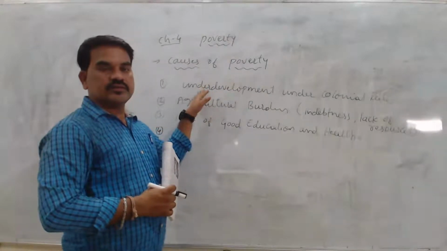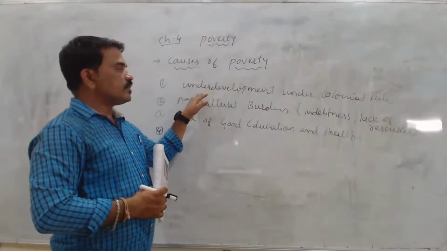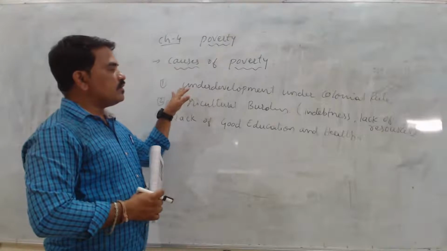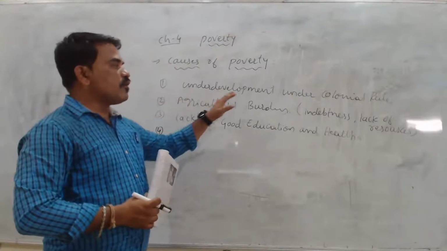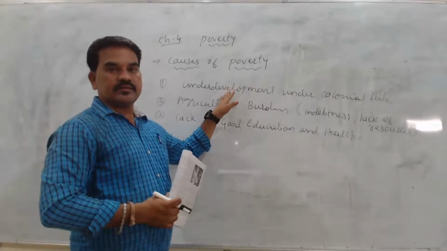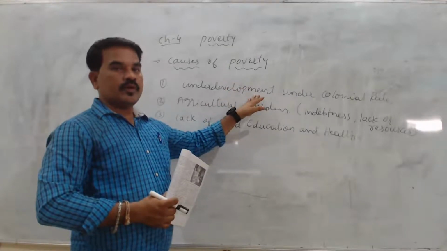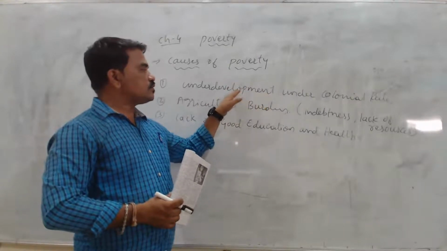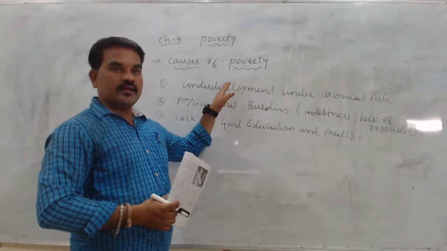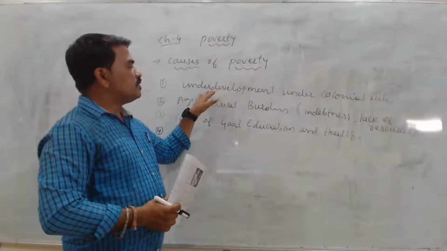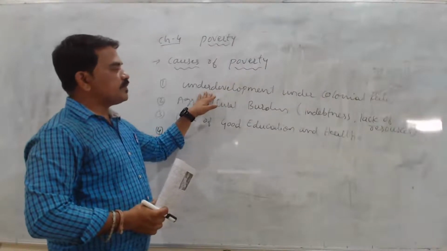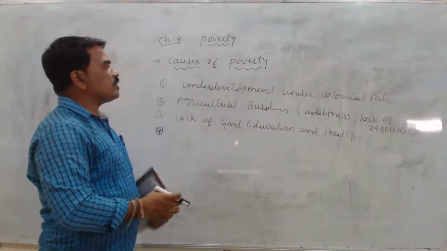They even used natural resources and the land under land settlement and all. The farmers used to pay them rents, and even though they had a crop, they couldn't use it. They used to give it back with the rent. So all the sectors were not developed under colonial rule. So that led to poverty.